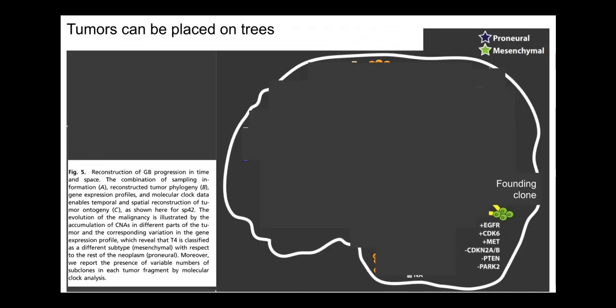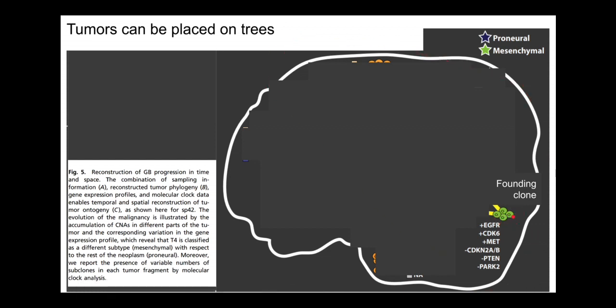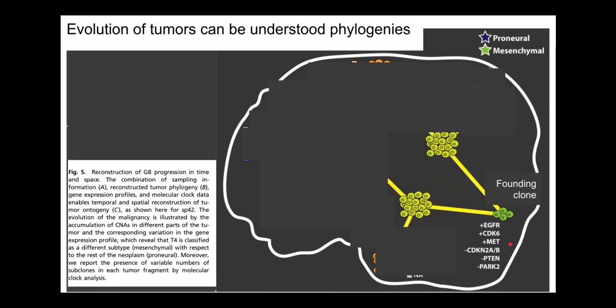Tumors can also be placed on trees. There's some interesting applications of phylogenetics into cancer biology. Cancer spreads and grows over time. So in this case, this study looked at a large tumor. They sampled cells from the side of the tumor, and by sampling through different places throughout the tumor, they could then trace how the tumor was changing over time.